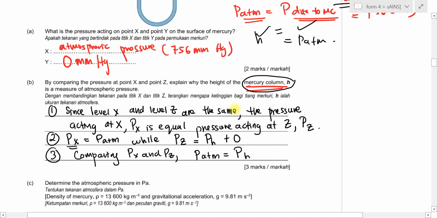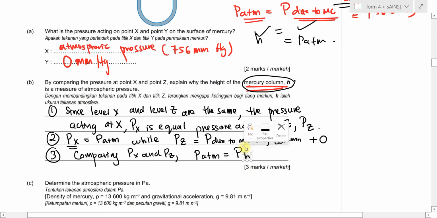Okay, it's better for me to write it like this, because sometimes your teacher won't understand. Due to the mercury column plus 0.